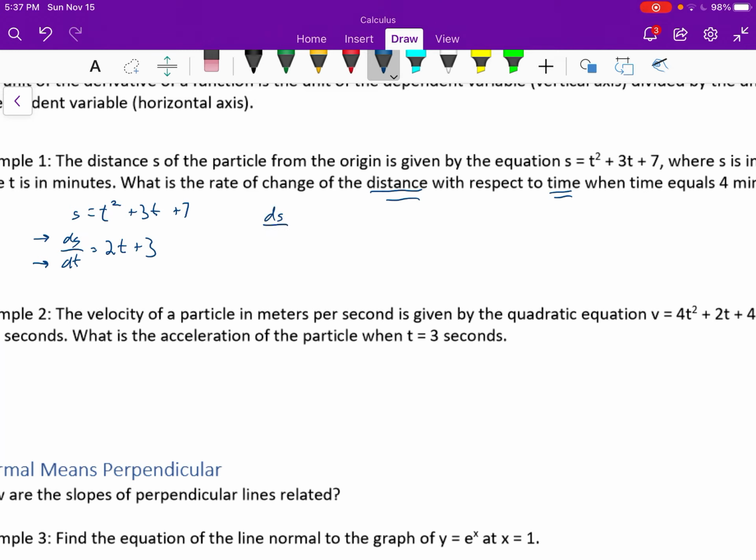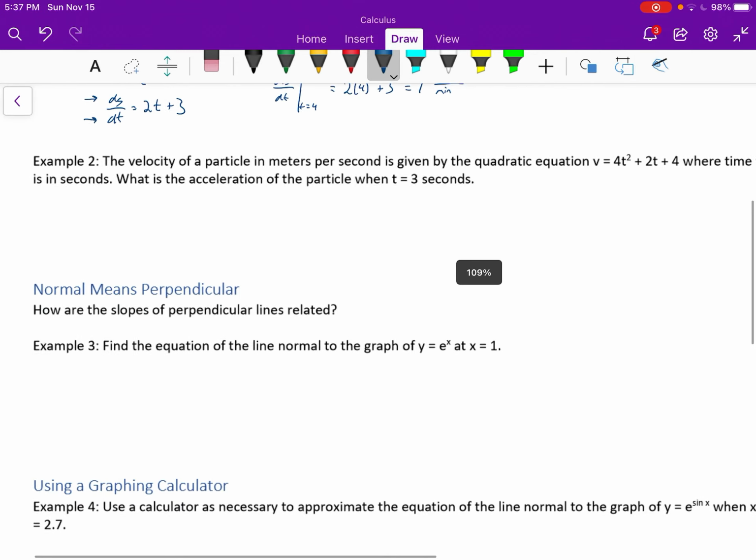So ds/dt evaluated when t is equal to 4 is going to be 2 times 4 plus 3, which is 7. And thinking through that, that is 7 meters per minute if we look through what our units are. So the rate of change is 7 meters per minute.